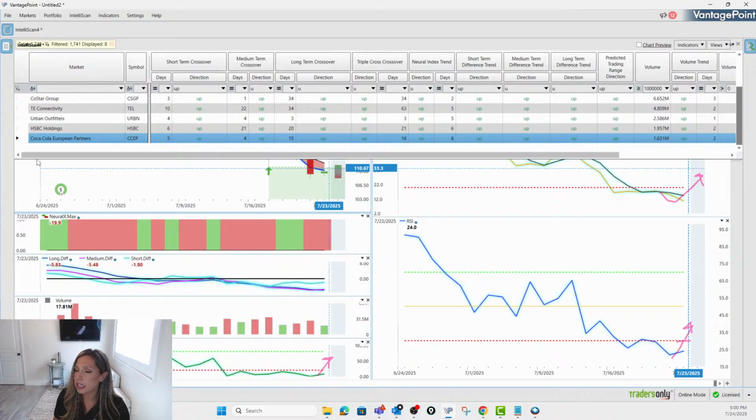But looking at the individual assets in this scan, we can see we looked for those 4 points of confirmation and included our volume analysis right here in the scan to really give us higher quality assets that are really meeting that trade setup or trade strategy using that volume analysis as well.